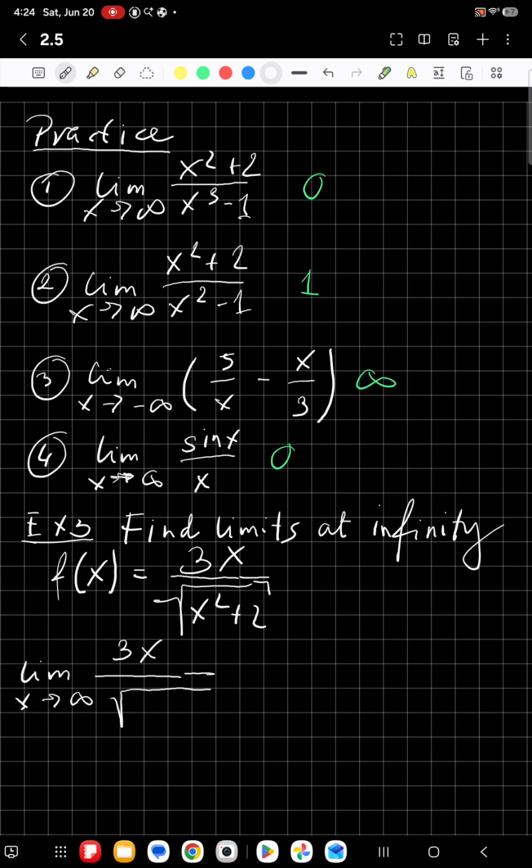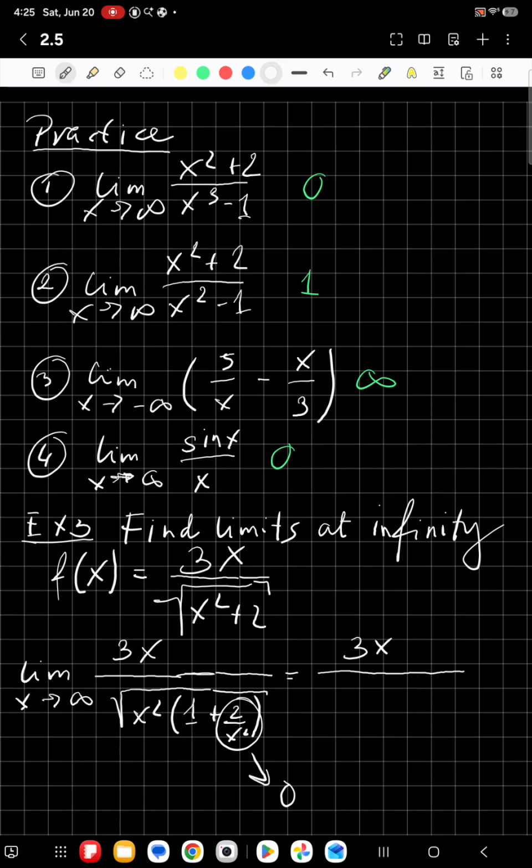What I'll do is factor the x squared out. So I have x squared times 1 plus 2 over x squared. If x is going to infinity, this goes to 0. I'm not going to write that limit, just to save time.